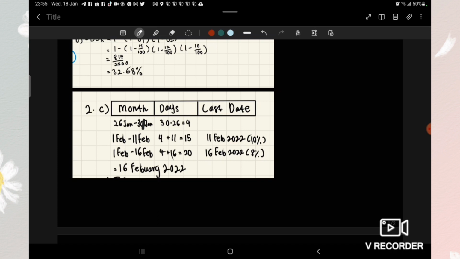For the next, we start with 1 February again and go until the 16th February. So for the days, we take 4 days from before plus 16 days, and we will get 20 days. So for the cash date we will get 8% on 16 February 2022. So the last day we get a cash discount is 26 February 2022.